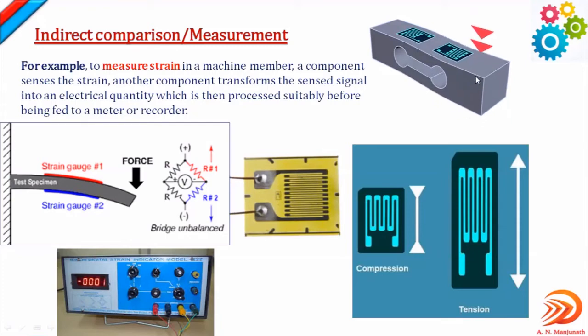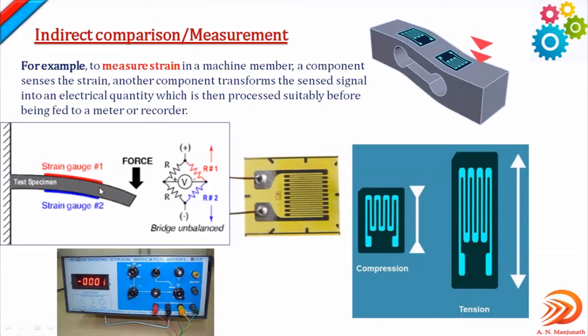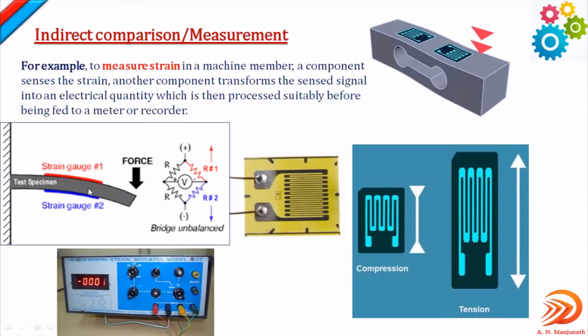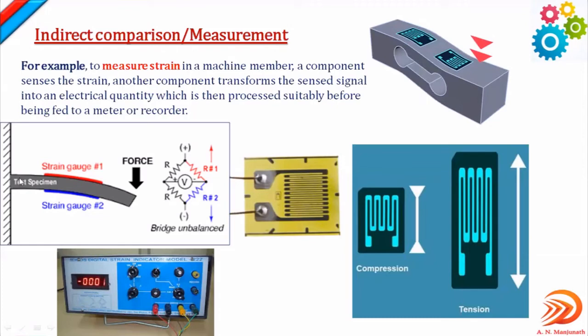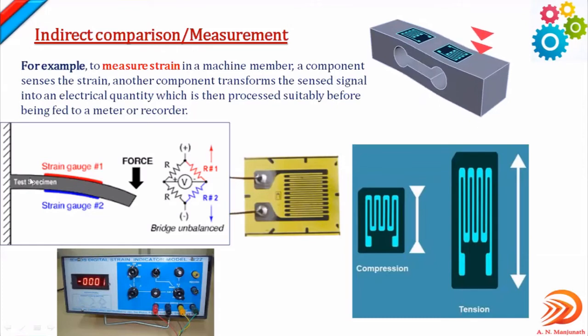Whenever it gets deformed, the strain gauge senses it. You can observe here, this is the cantilever beam. When the load is applied, this cantilever beam will deform, and the amount of strain possessed by it can be measured from the strain gauge.